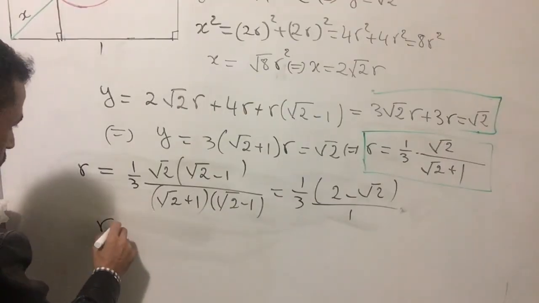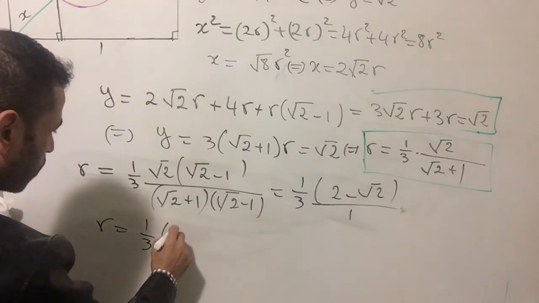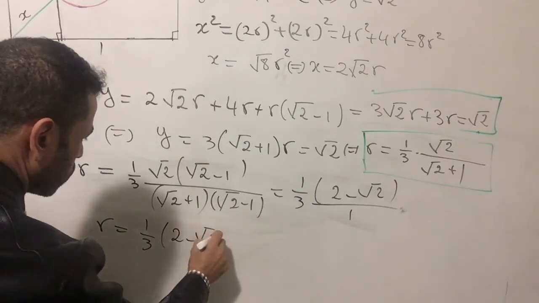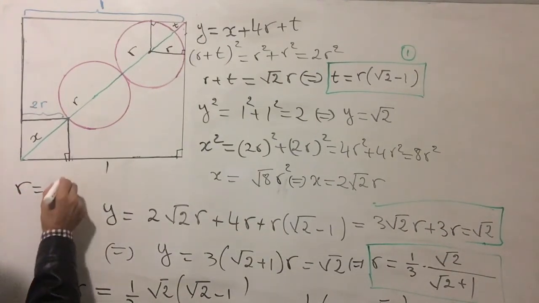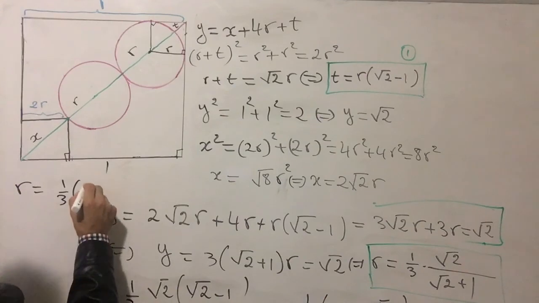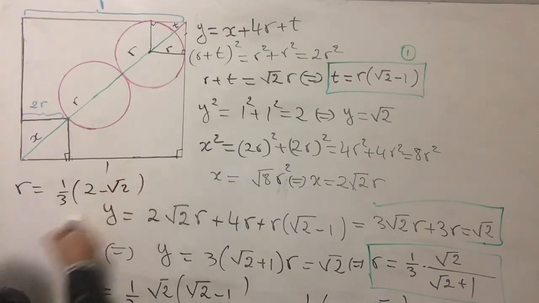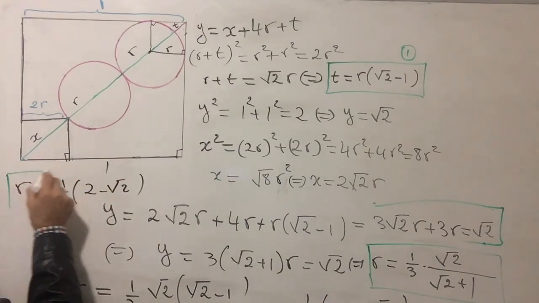Finally, we found r equal to 1 over 3 multiplied by 2 minus square root of 2. This is the value of r.